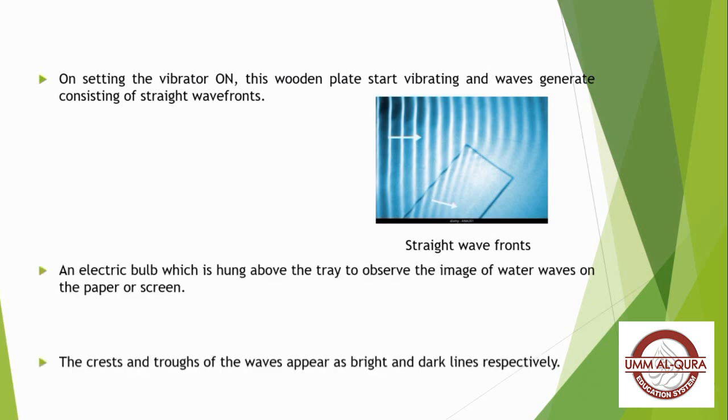The crest and trough of the waves appear as bright and dark lines respectively. Meaning, as you can see in the figure, the bright portion is called the crest and the dark portion is called the trough of the wave.